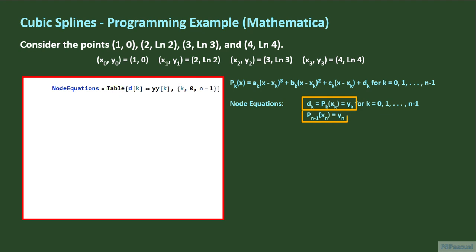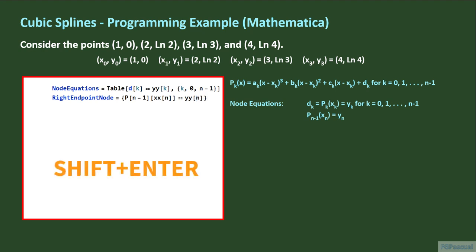We still have this extra equation, and for this we create a list of a single equation. This equation is for the rightmost endpoint, and so we call it right endpoint node. It's a list of one equation, and so we start with an open curly brace: p sub n minus 1 of x sub n double equals y sub n.